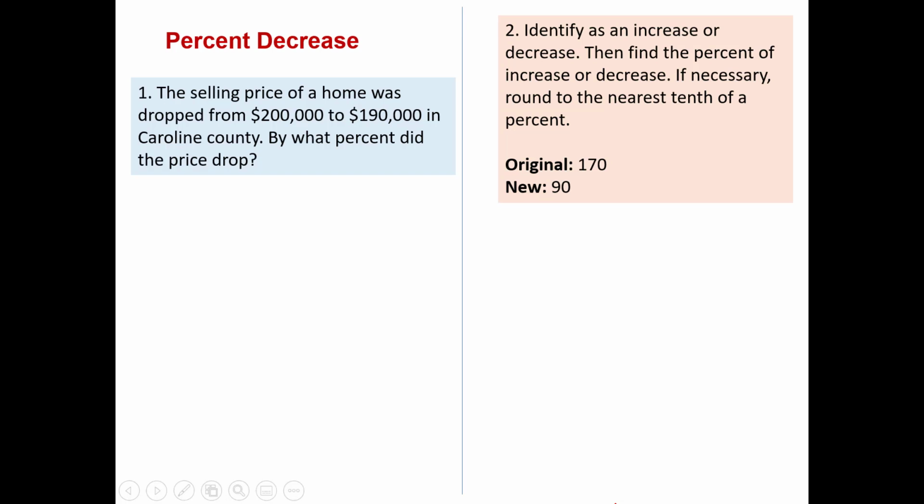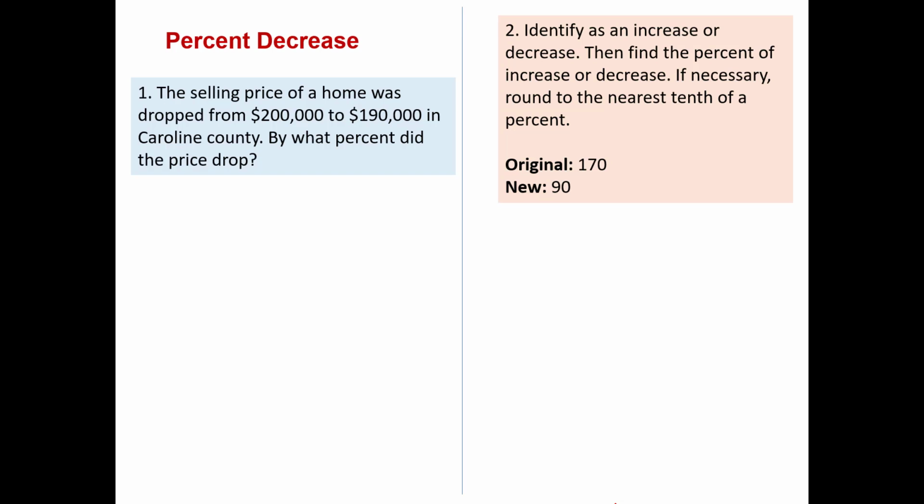We have one more problem here, the percent decrease. The selling price of a home dropped from 200,000 to 190,000 in Caroline County. What percent did the price drop?